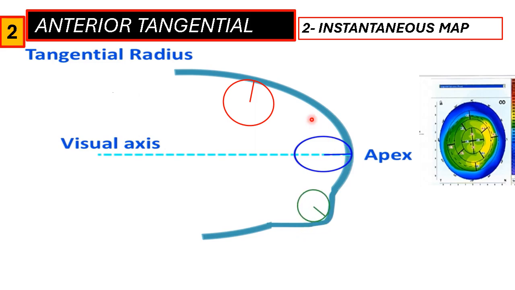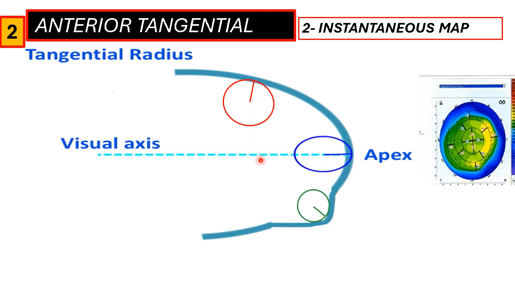For each point in the cornea, it draws a circle like this, and from this circle, it measures the radius of curvature of that point. So it respects the irregularities on each surface of the cornea. So you will have multiple powers and multiple radii, not just one radius of curvature as happens in the axial map. That's why this map becomes noisy. That's a lot of information, but it is more precise and more important.